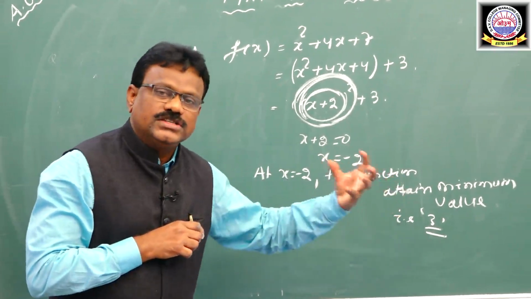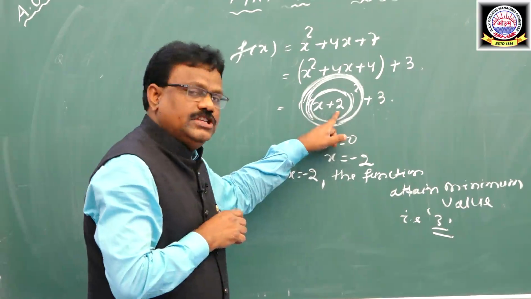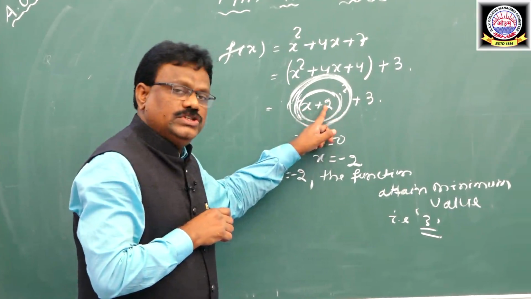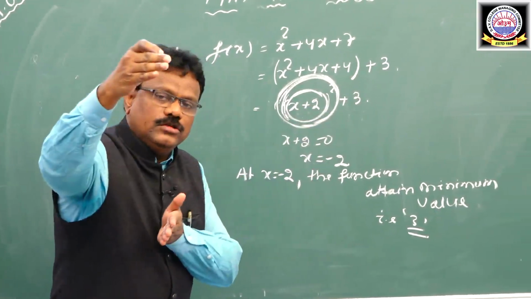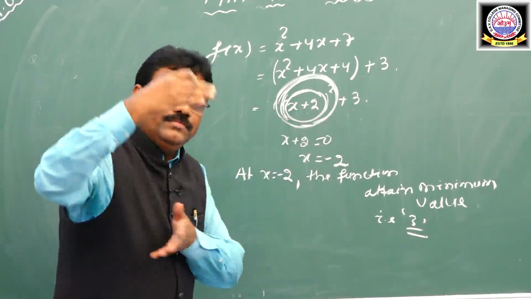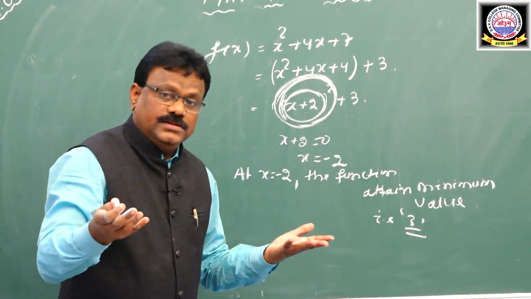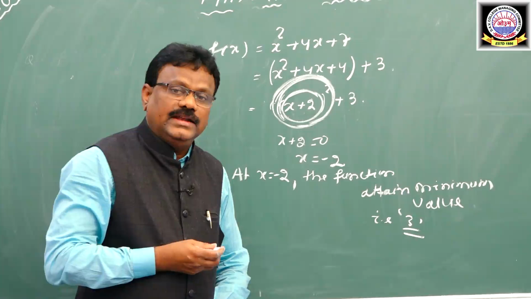So, let us think about the maximum value. What is the maximum value? Because you see this expression will be more than 0. If this value will be more than 0, up to what number will this value move? That value will move up to infinity. So, infinity plus something is again infinity, meaning the maximum value we cannot attain.